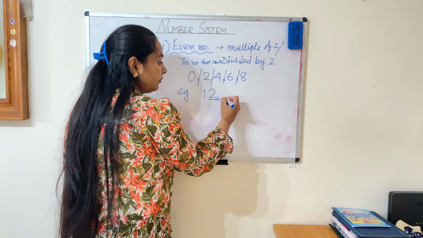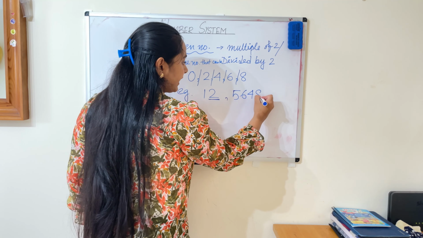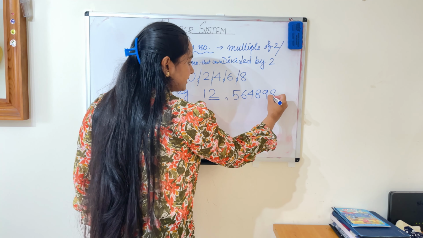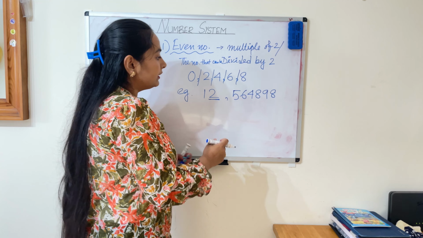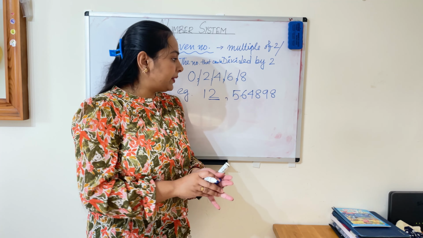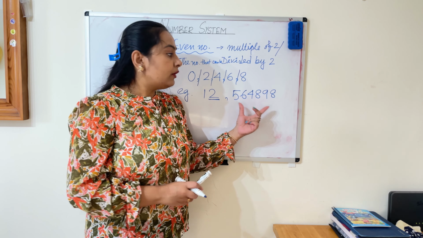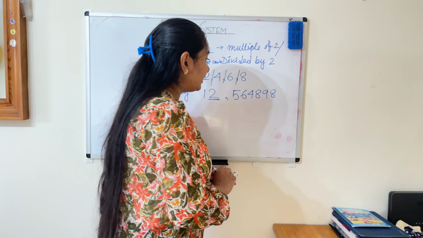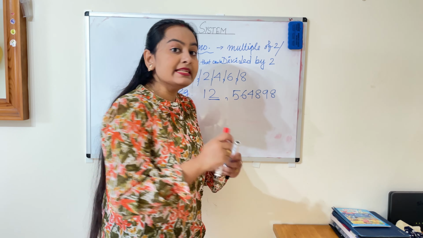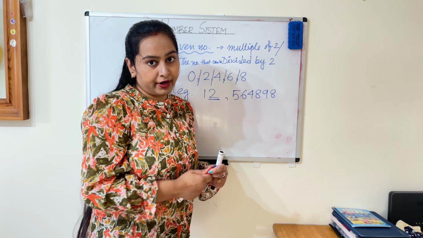So I am giving you a larger number. I am taking 898, right? They have asked you in your question paper whether this number is an even number or an odd number. Without any calculation, we can easily find out it is an even number. Why?